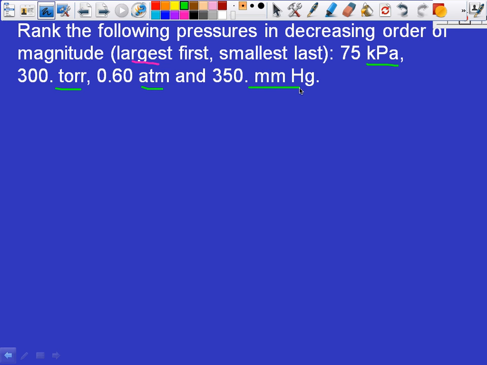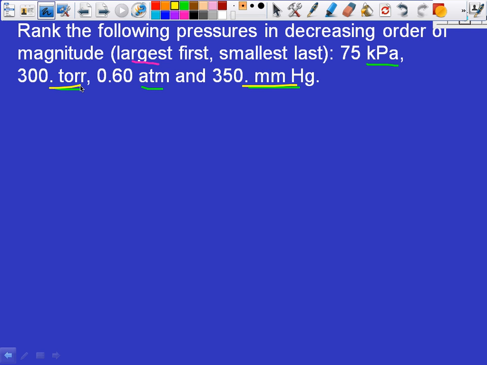Well, the issue is that they're not all in the same unit. So we're going to have to get them all in the same unit. All right, so what I'm going to do is I know that millimeters of mercury and torr are the same. Let me just go ahead and convert all these to atmospheres. It'll be a little bit easier to do it this way.